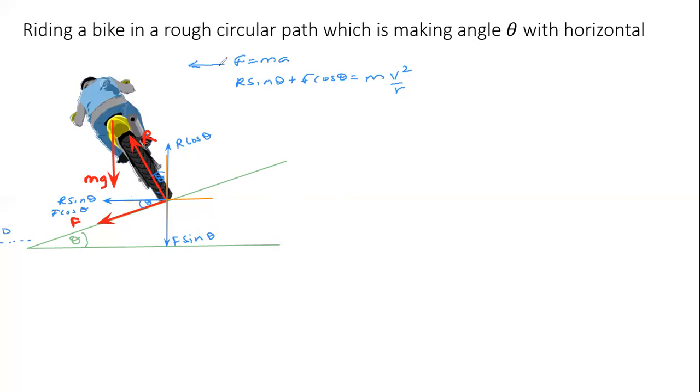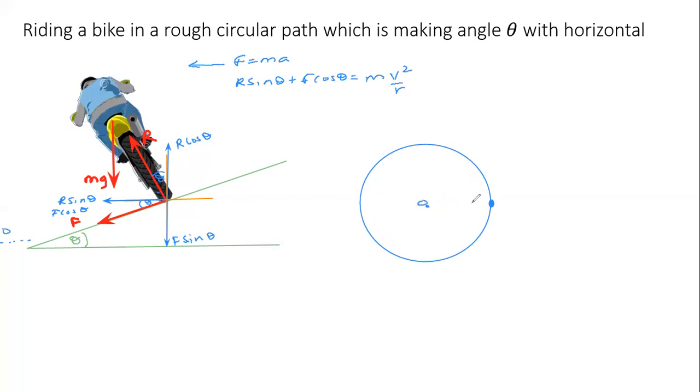Left side part, now I'm considering this in the horizontal direction towards the center. Now, if I look at this from above, it's a circular path. So the bike would be somewhere like here, no? Right? So the bike is somewhere like here, and I'm applying F equals ma towards the center. So the center is somewhere here.